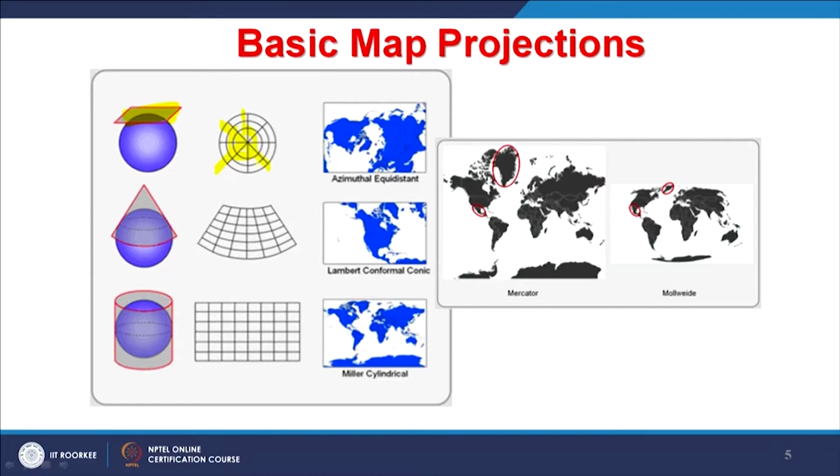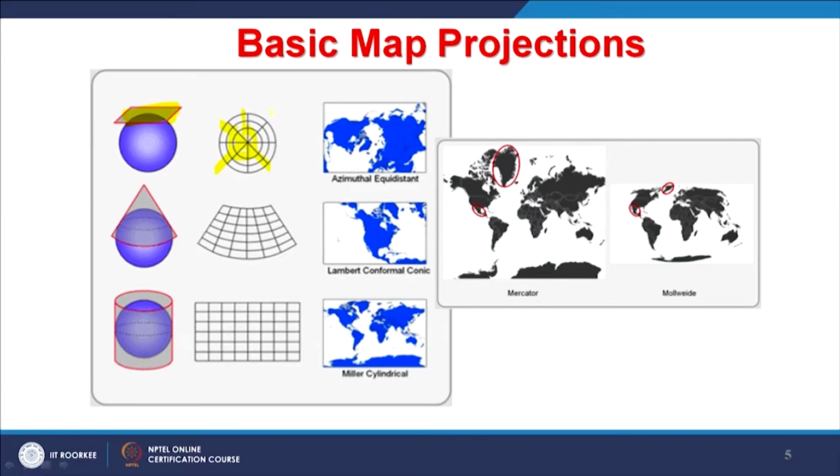But if it is a conic projection, for the northern hemisphere, this is how it will be represented: the longitudes would be straight lines, whereas the latitudes are going to be curved, which is just opposite to azimuthal.